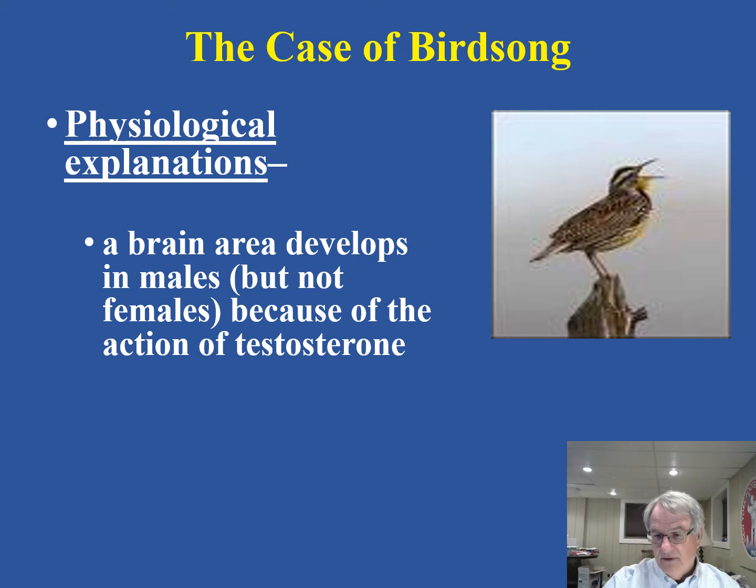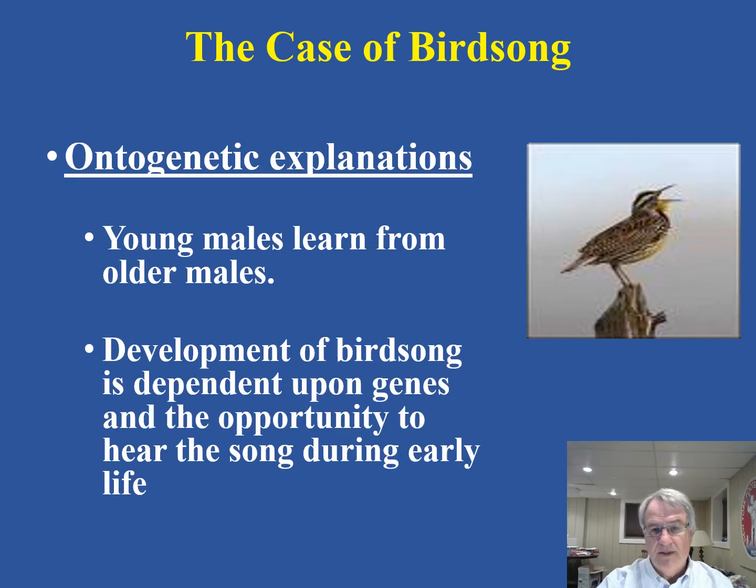You can induce that in a female by giving a female testosterone during very early life, so that once she reaches adult life, she's going to show singing behavior and development of that brain area that's involved in singing behavior. So again, this is a physiological explanation for this behavior.